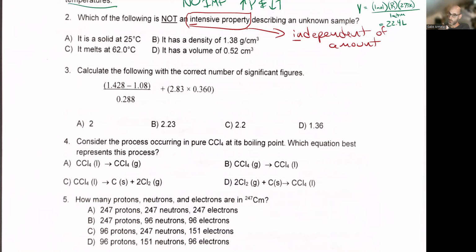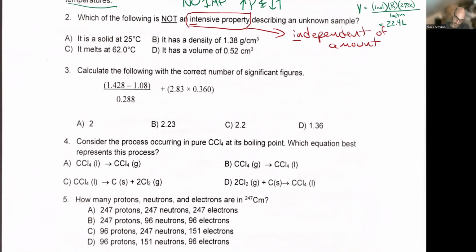It's always going to melt at the same temperature. So basically, a physical property that is independent of the amount, but it essentially describes the substance. So if you can identify something based on that property, that's probably an intensive property.